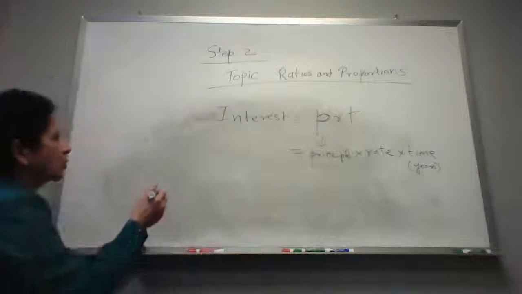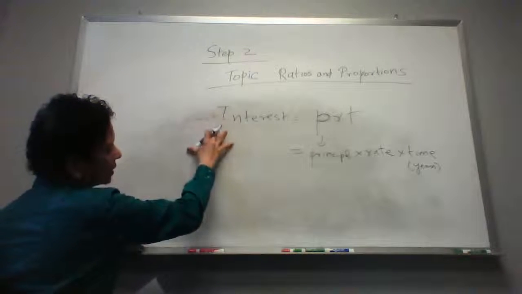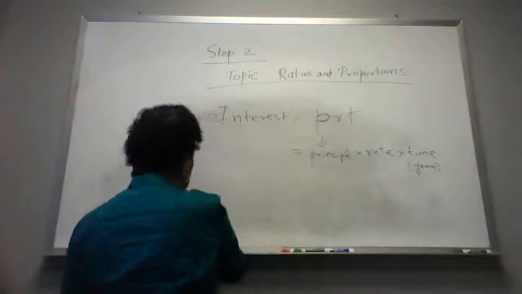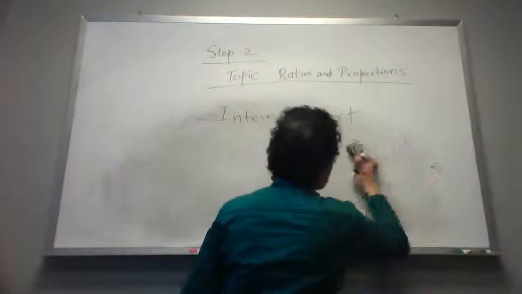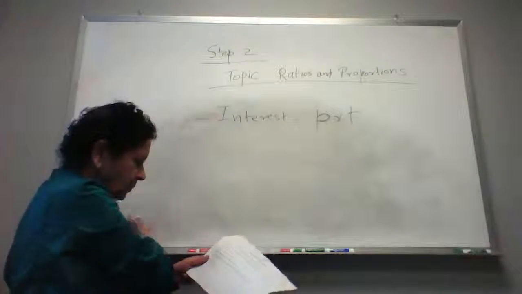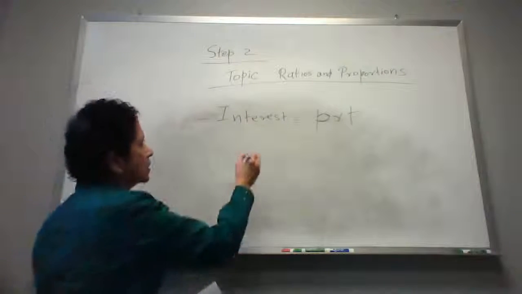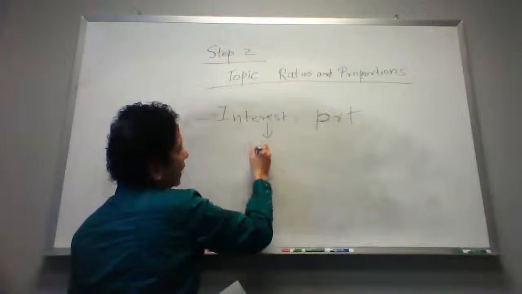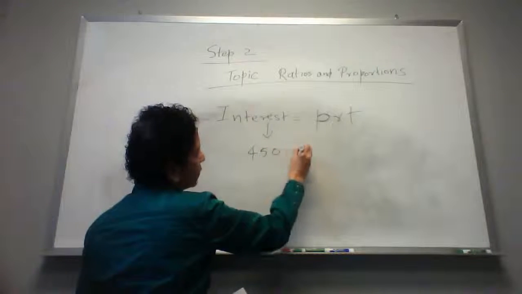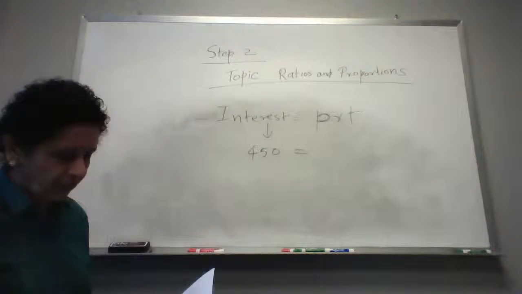Okay? So in that case, the interest equals PRT. So you exactly know this formula here. And in this problem, they are saying that you have earned an interest of $450. So you plug and play, right? You plug in, interest is $450. That's what you have received.